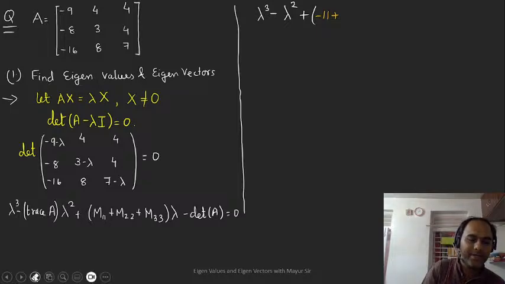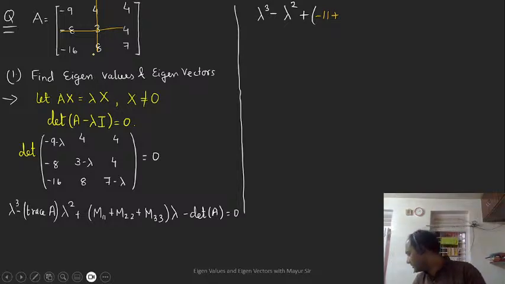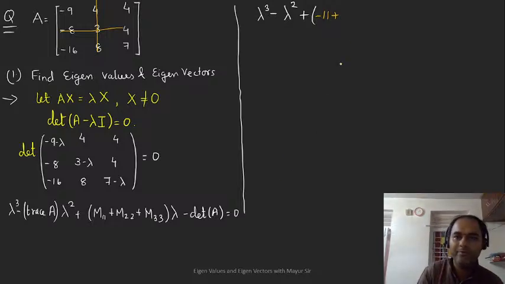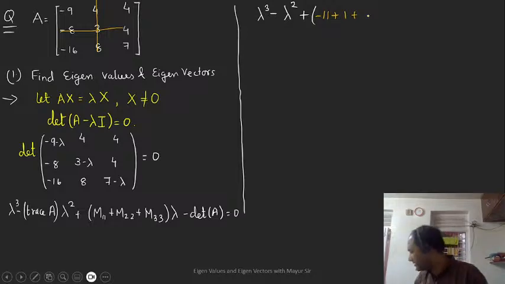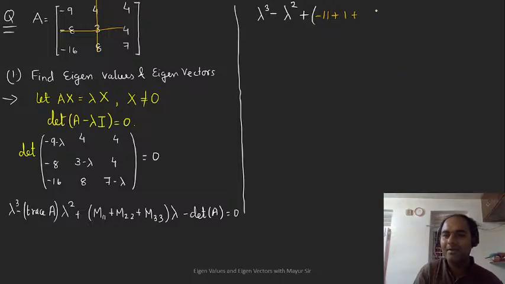The determinant is 3, so M22 is 1. M33: the determinant is 3. What is M33? It is 5.